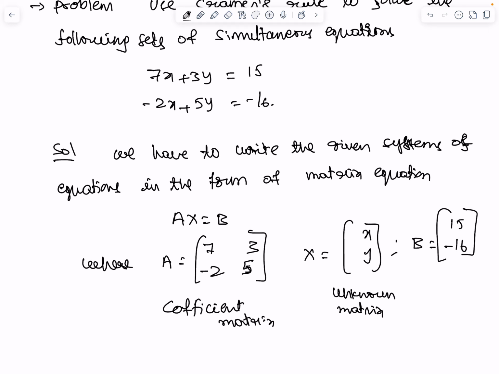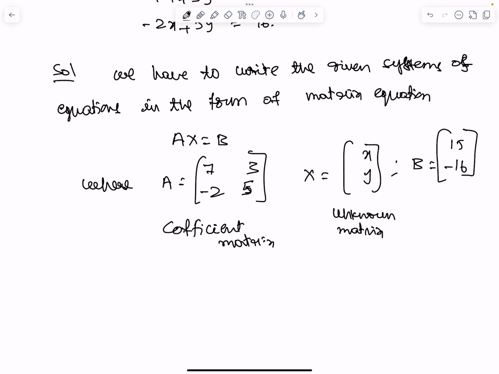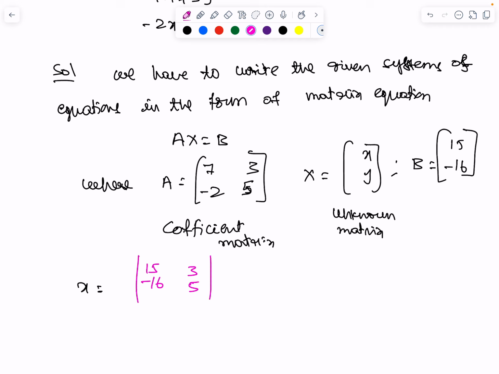Now, to find the x value, x is equal to the determinant of 15, minus 16, that is, the first column of A is replaced by the B column matrix entries 3, 5, divided by the determinant of A, with first row 3, 5.